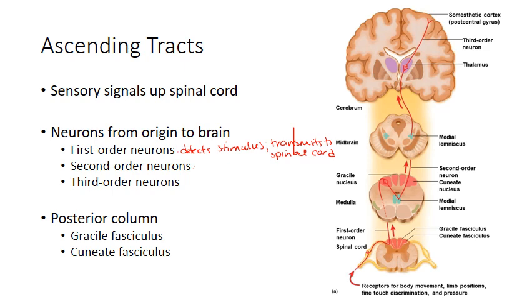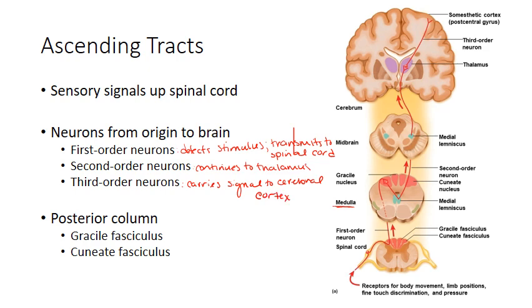Our second order, we're going to get a synapse somewhere, usually in the brainstem. So a lot of times we'll see that the second order neuron is going to happen in the medulla or start in the medulla. And then it continues to our thalamus. We synapse in the thalamus with our third order neuron, which carries our signal to our cerebral cortex.